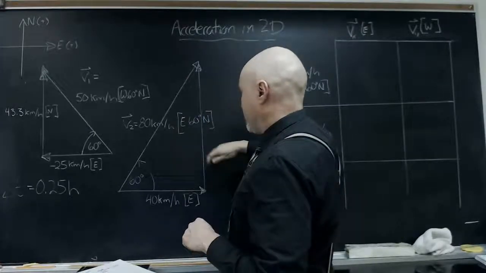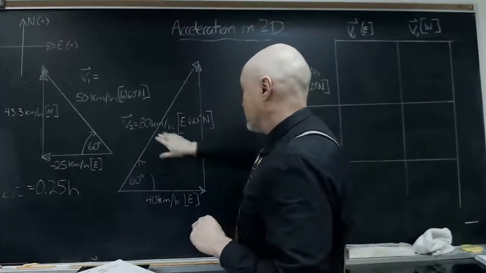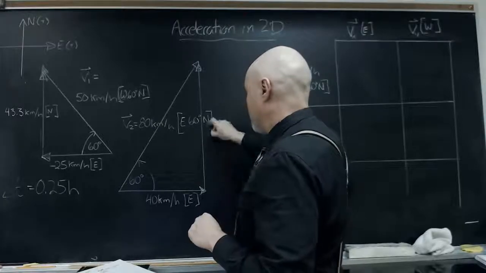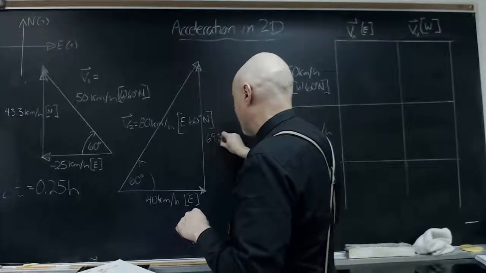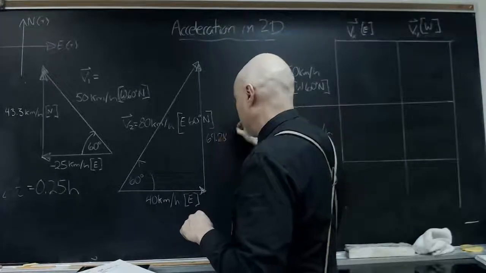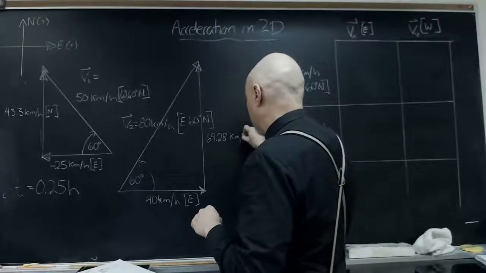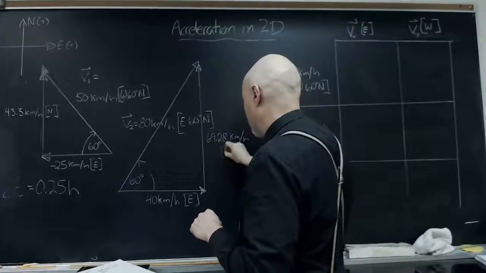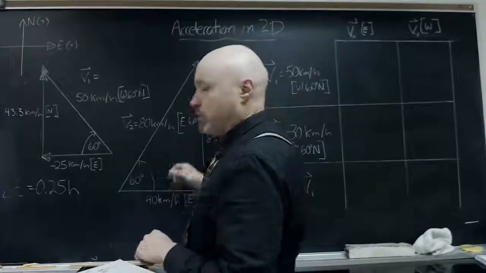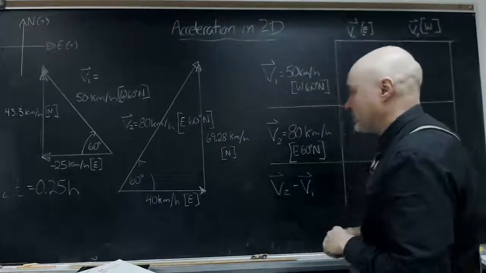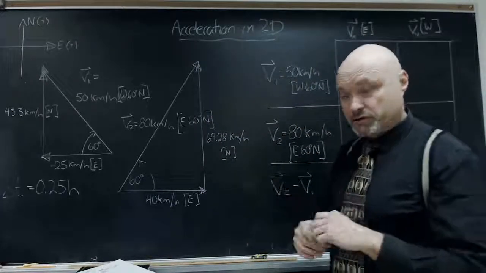If I go for my northerly component of this velocity, I'm going to carry some extra decimal places throughout my calculation in this case, kilometers per hour, and that is to the north. Okay, we've got both of our components. Always draw this out. It helps me to know that you know what you're doing.